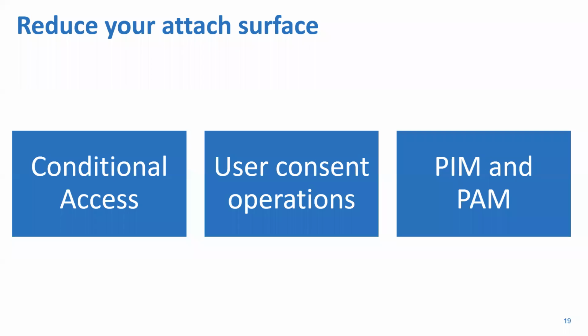The last but not the least is privileged identity management, known as PIM, and privileged access management, known as PAM. These are possibly the two biggest security strategies that a lot of enterprise companies are now implementing, right?